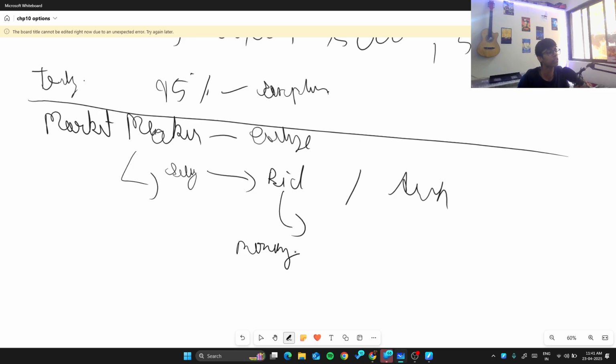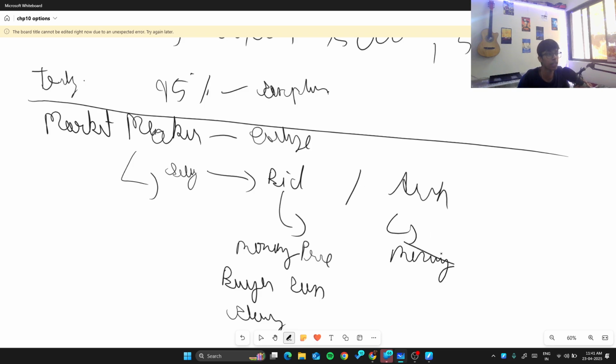Bid is the maximum price a buyer can give for a product or a derivative, right? And ask is the minimum price asked by the seller to sell.